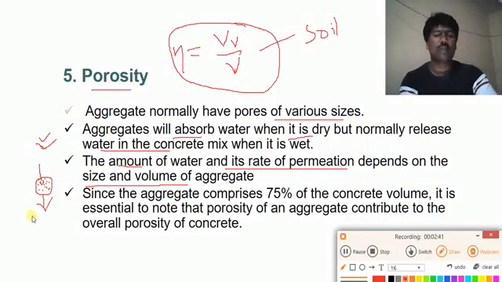Since the aggregate comprises 75% of the concrete volume, as we already mentioned, aggregates occupy most of the volume of concrete. As it occupies this much percentage of the concrete volume, it is very essential to note that the porosity of aggregate contributes to the overall porosity of the concrete.